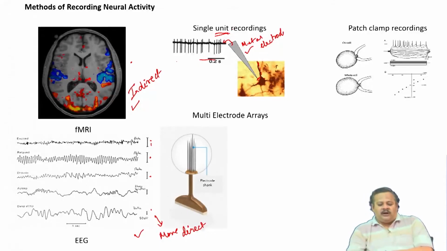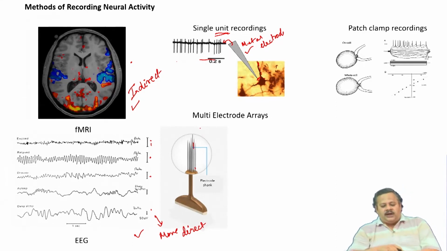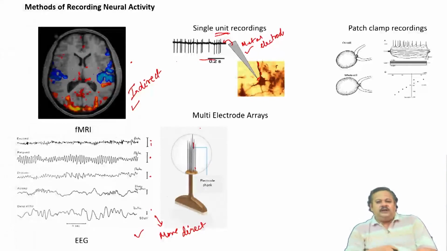That is somewhat parallelized by multi-electrode arrays of this kind, where we have multiple shanks of electrodes that can be inserted into the brain, and each of these electrodes can provide signals from a single unit.